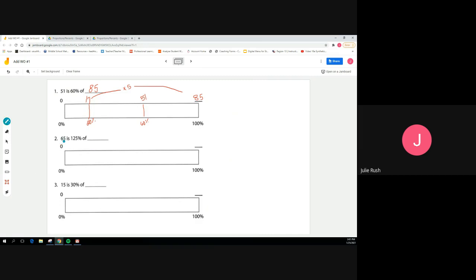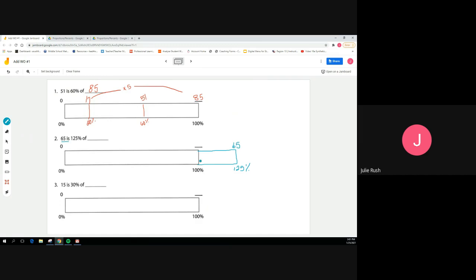All right, now let's look at problem number 2. 2 says 65 is, so that would be your top number, 125% of a number. So here's 100%. So I actually had to extend to get out to 125%, because that's where my 65 goes, right there.